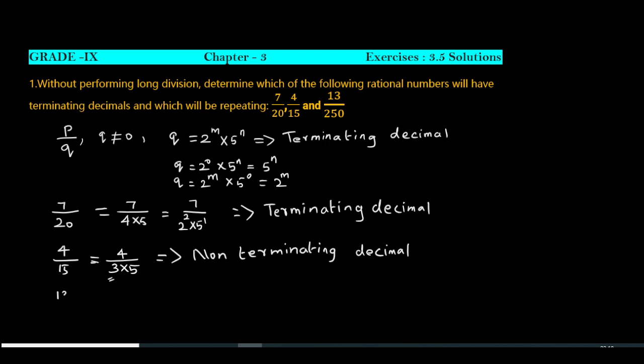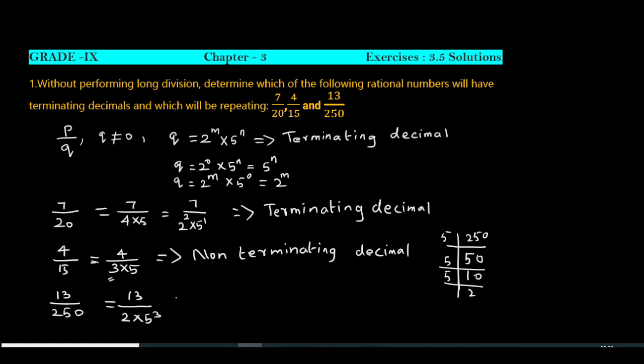Look at 13 by 250. Again 13 and 250 have no common factors. Now perform the prime factorization for 250. 5 is a prime number; 5 times 5 is 25, 5 times 5 is 25, 5 times 10 is 50, once again 5 times 2. So the denominator can be written in the form of 2 power 1 into 5 power 3.